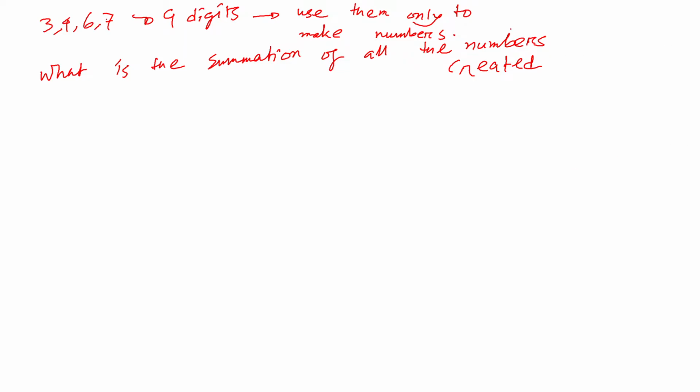Excellent. So now we are done with the easy part. That is, whenever we were given 4 digits and we had to make 4 digit numbers, or maybe 3 digits and 3 digit numbers. Now, to make things a little difficult, not actually that much difficult, I'm getting to that.